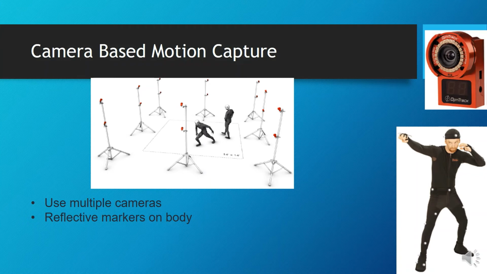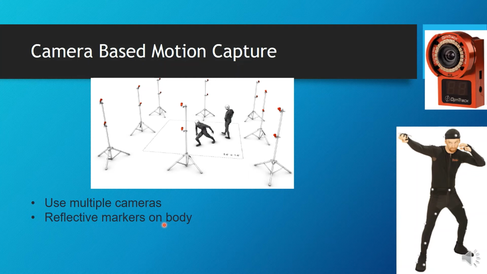If you look at this camera-based motion capture, it involves a user wearing this motion capture bodysuit, and it has a lot of cameras used in the scene. It uses multiple cameras, and there are reflective markers on the body.